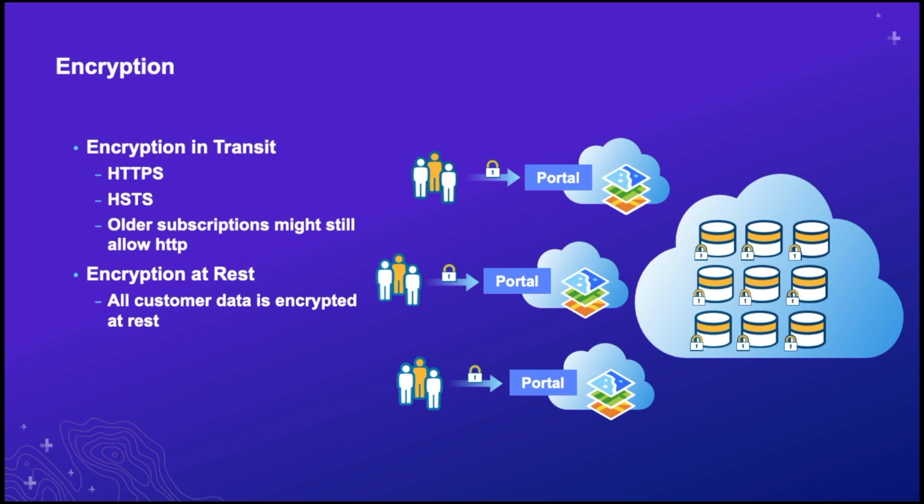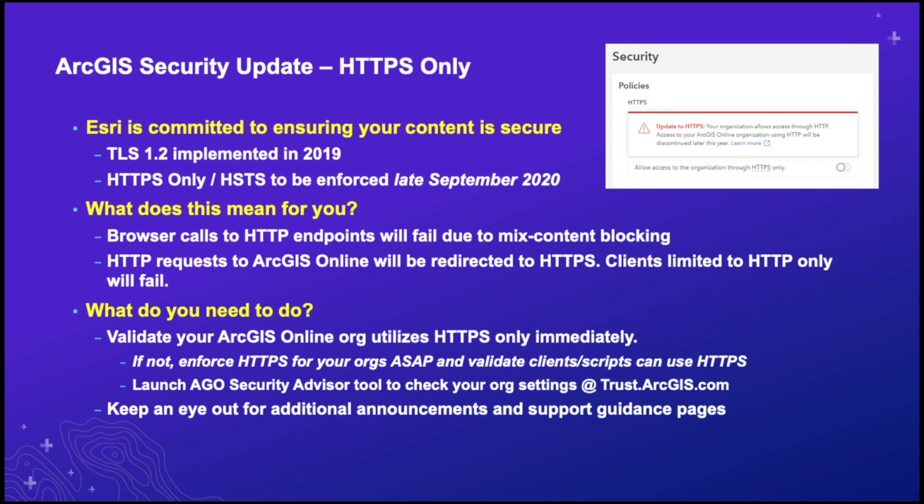Because of this, some organizations might be using mostly HTTP. So one thing we wanted to start giving out information on is that we are trying to upgrade our platform to be HTTPS only across all organizations on ArcGIS Online.